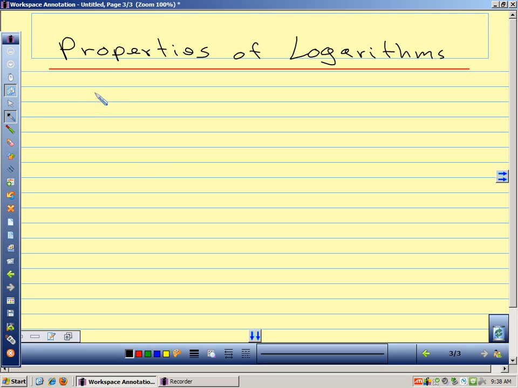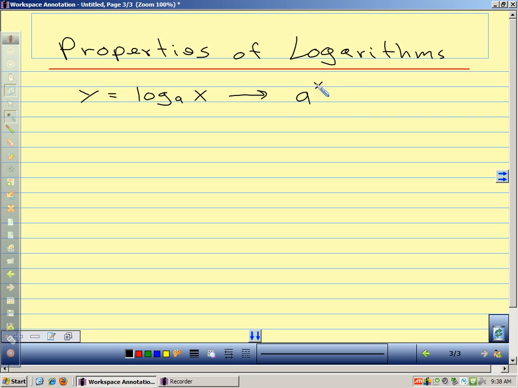Remember that we said y equals log base a of x tells us it's exactly the same thing as a to the y equals x.